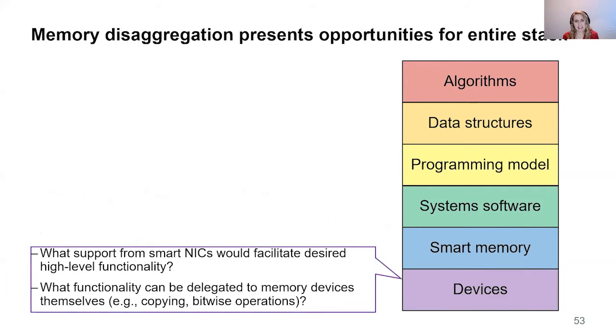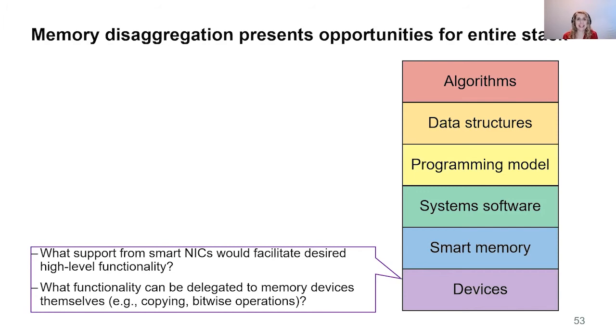And then finally, I think there are some really interesting opportunities for hardware-software co-design. In particular, we've described a bunch of different functionality that we want the smart NIC to be able to provide for us. What are the computational requirements of a smart NIC, and are there additional capabilities that might allow us to do even more? And then also there's work in the architecture community that's starting to explore delegating operations.